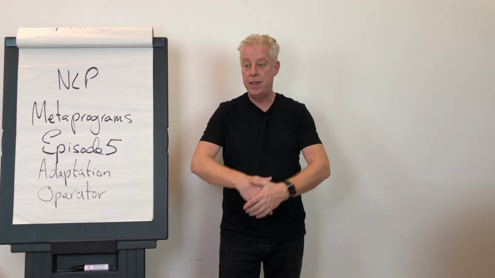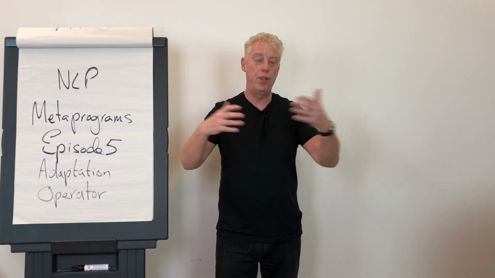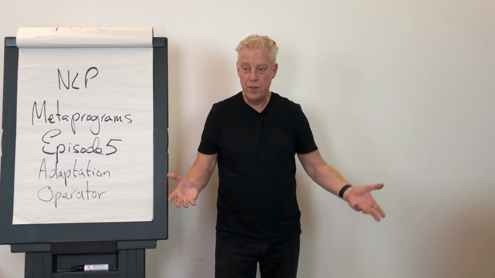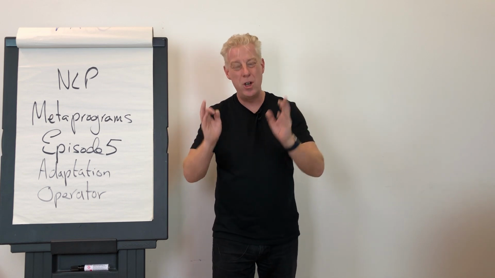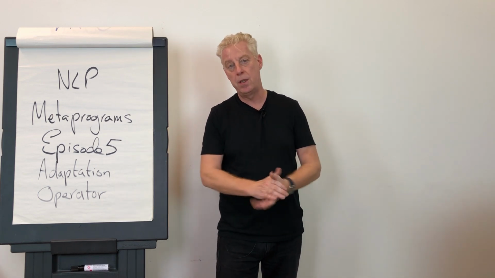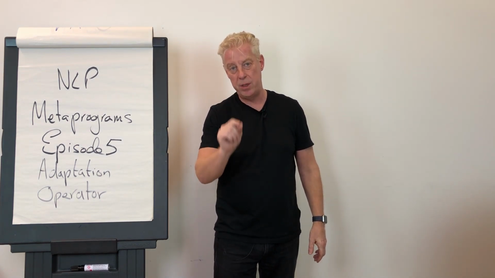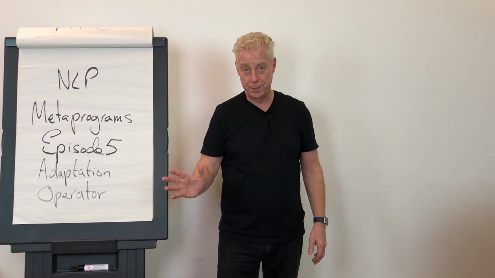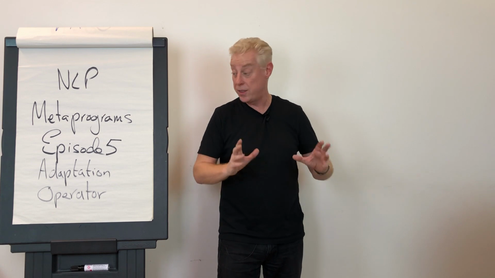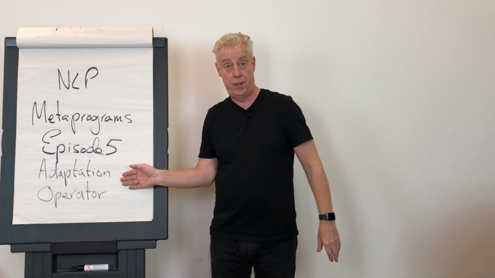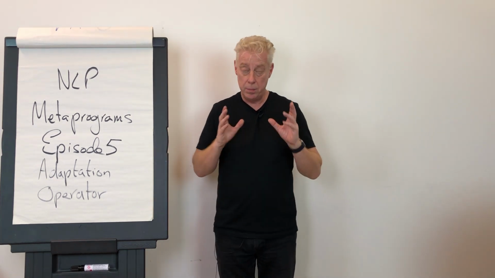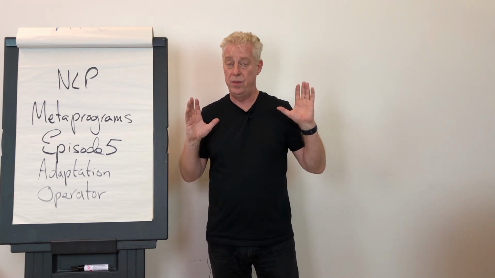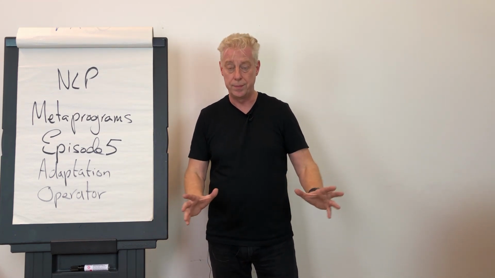You could have applied liking, authority. All of these things, you could have applied them perfectly. But for 50% of the population, if there isn't an element of scarcity, you've just thrown all the other ones away. So this is why I say this metaprogram in business is vitally important.